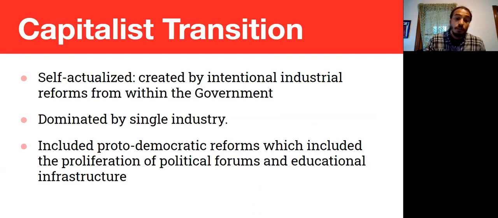And it included proto-democratic reforms, including these participatory zemstvos that were small, sort of like town halls based on the commune system. They also spread political reforms and educational infrastructure during that time.